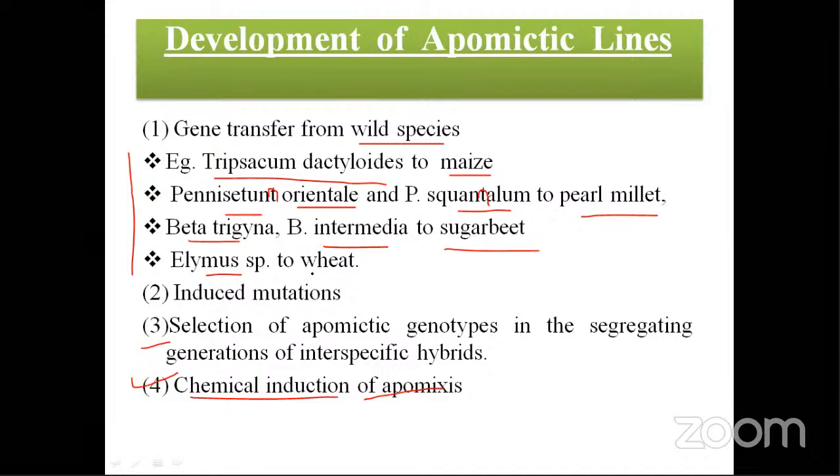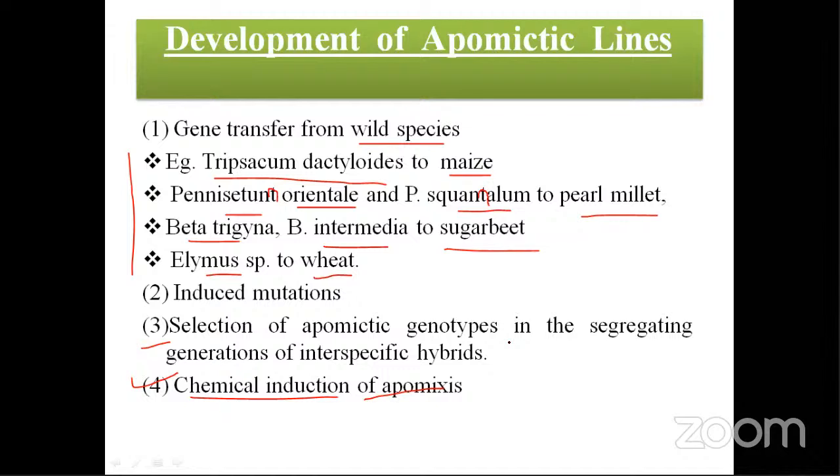Then Aegilops species is the source for transfer of apomixis to wheat. Okay, then we can do induced mutations to create apomixis in the lines. We can use both physical and chemical mutation for this, and selection of apomictic genotype in the segregating generation. We can do that, means sometimes apomictic lines are spontaneously also created.